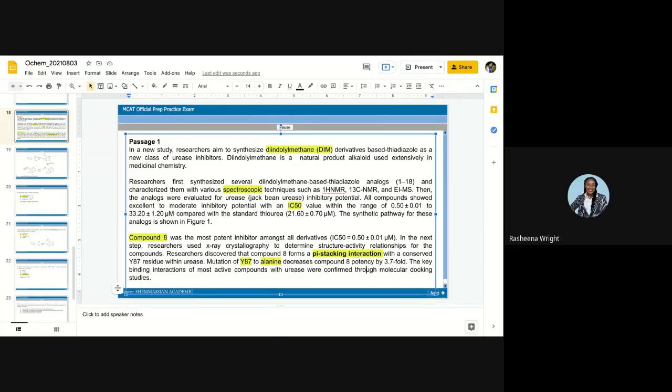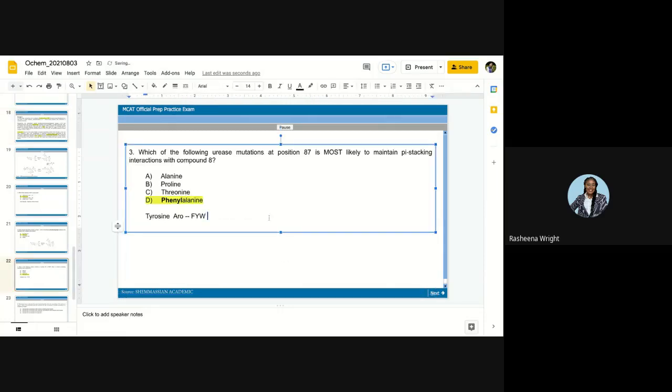Pi stacking is like stacking of the pi bonds. Phenylalanine has pi bonds, and so does compound A. Is it anything aromatic that has pi bonds? Yeah, but threonine doesn't have any pi bonds. That's why it wouldn't be threonine.